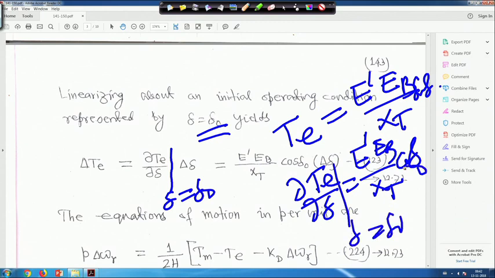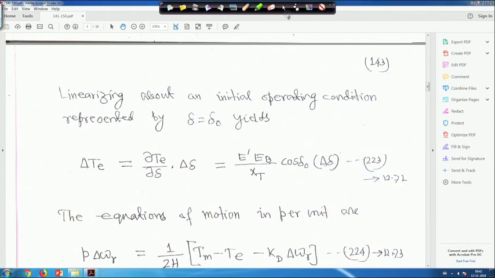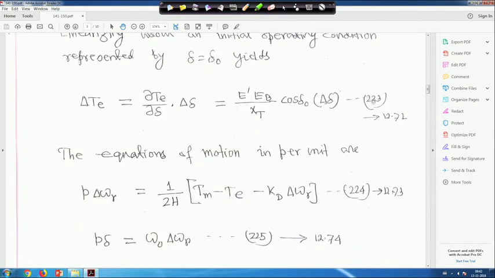So, delta T is equal to delta T upon delta delta into delta delta. So, delta T is E' E_b upon X_T cos delta 0 into delta delta, this is equation 223.